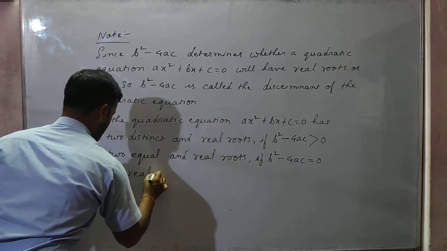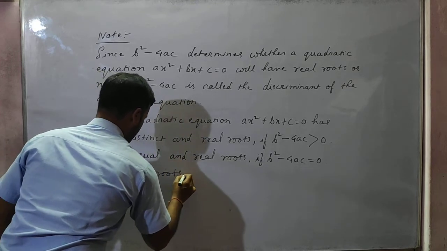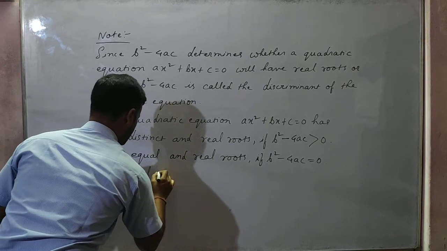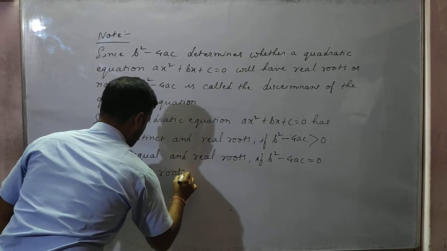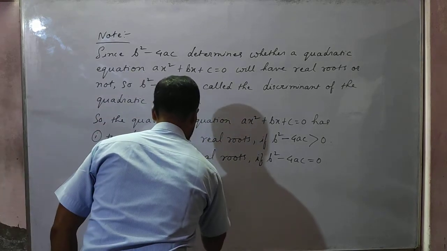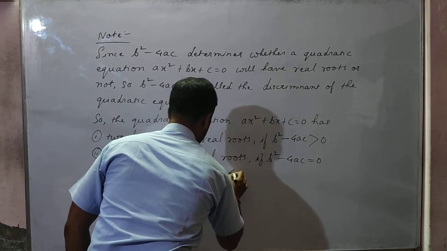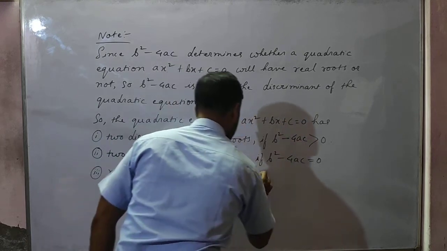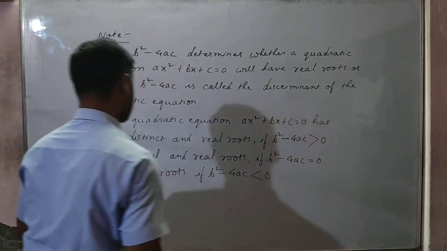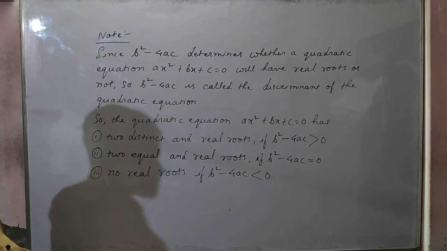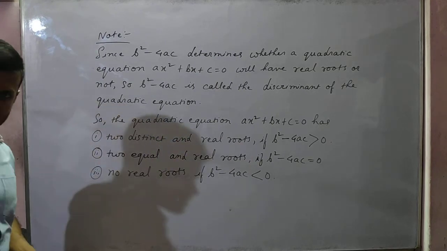No real roots if b square minus 4ac is less than 0. Okay, students? Understood?